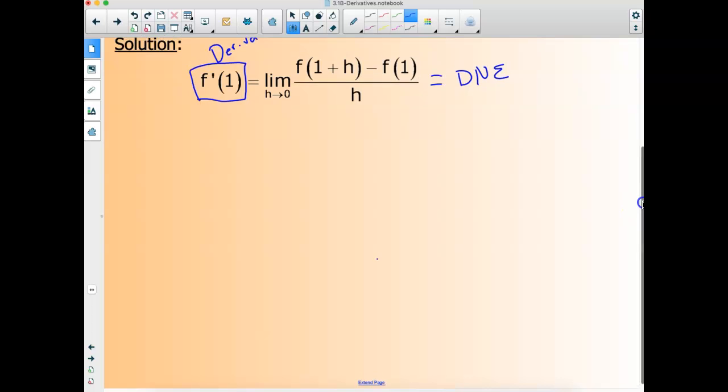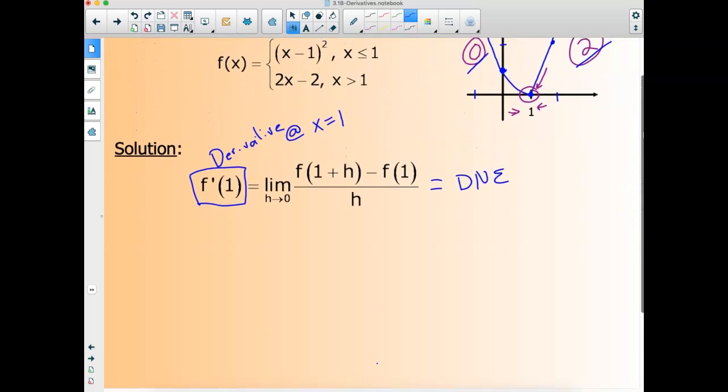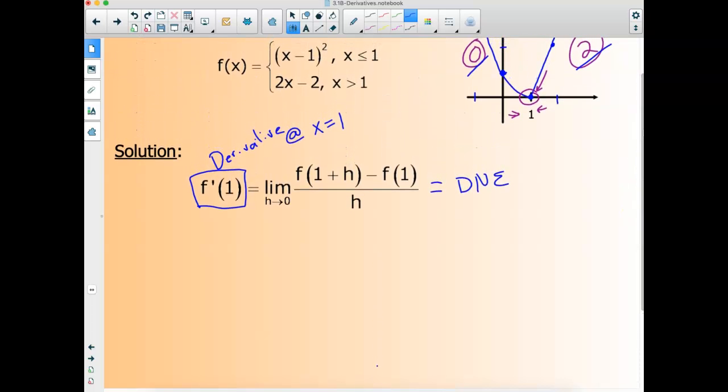So we'll be done here, hopefully. I got to be able to see my function. So what I want to do is find the limit as h approaches 0 from the right. So this is going to be the right hand derivative, the right derivative.